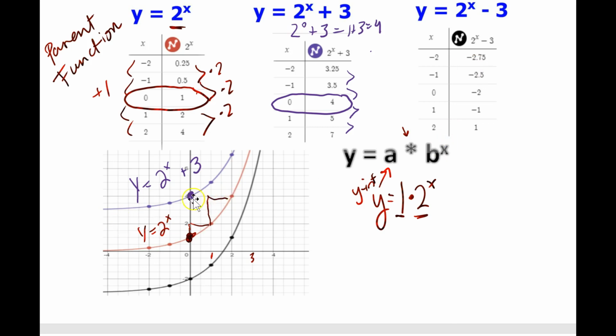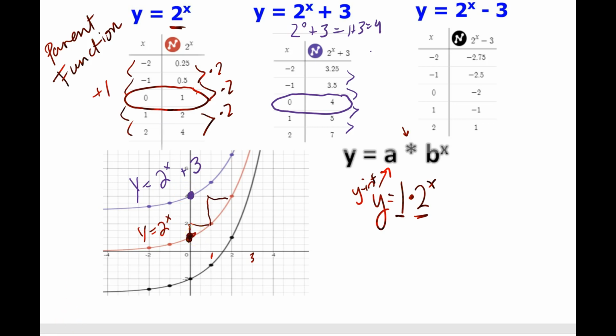So the graph has shifted simply because we have moved up 3. Okay? All right. If we take those 3 away, we'll honestly see the growth rate. That's where we'll see the growth rate.